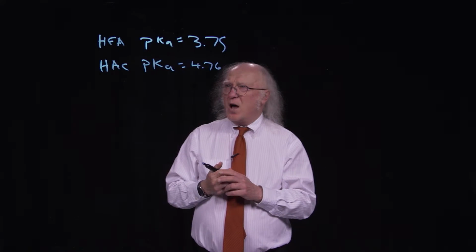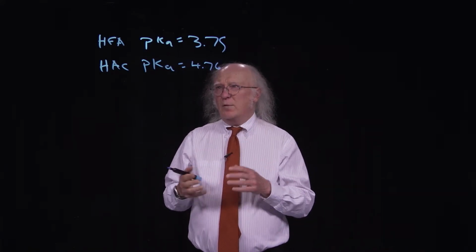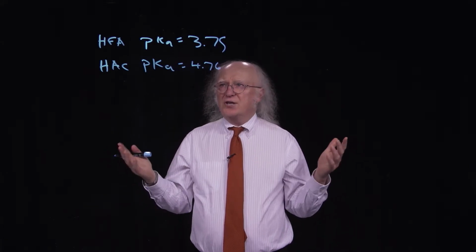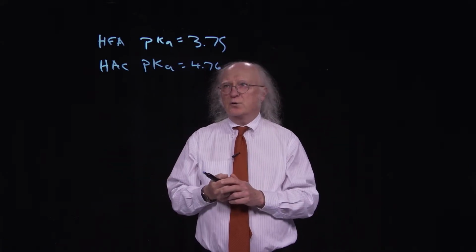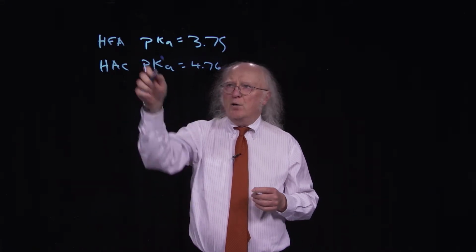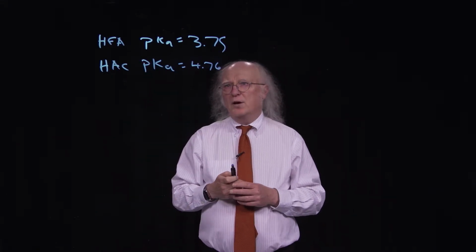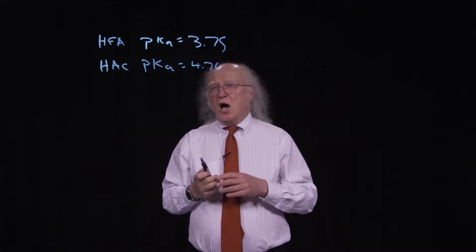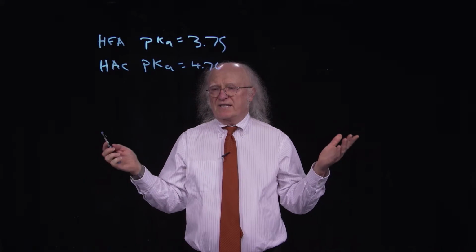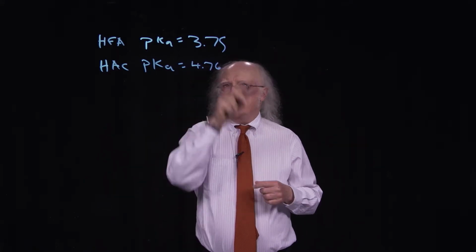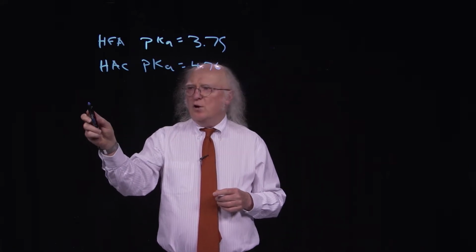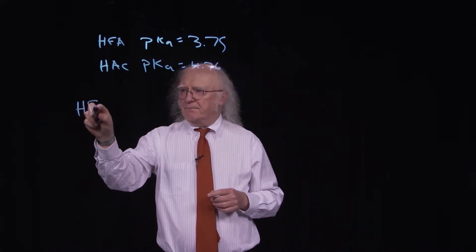Well, let's imagine a situation that we have both of these acids, and we'll pick a pH and compare the ratios between the two. So to make it simple, let's say that we have both acids, and they're both present at a pH of, let's say, 3.75. So 3.75 turns out to be convenient. So let's consider the situation first where we have the HFA.